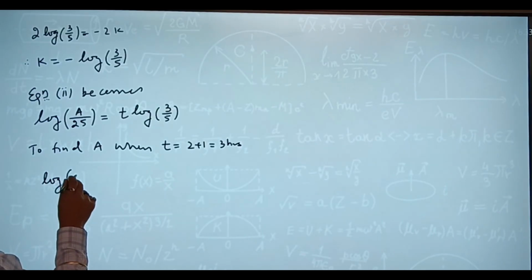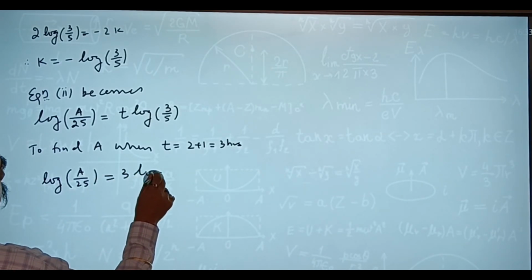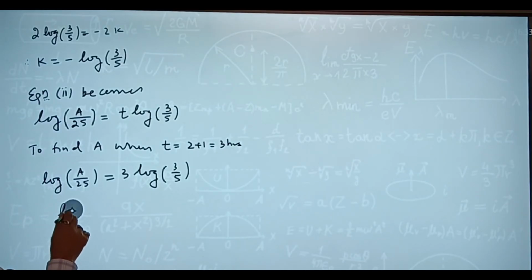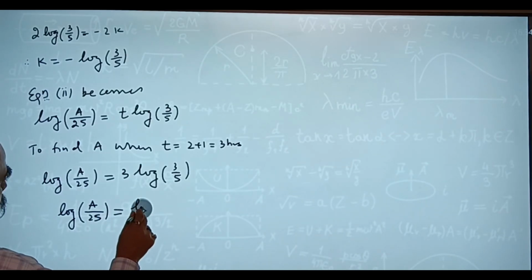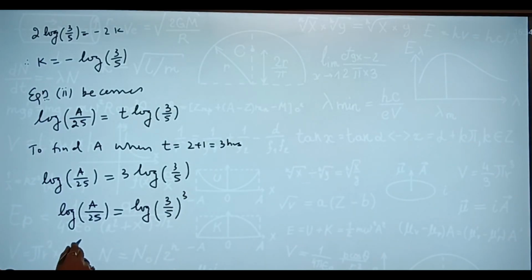So log A by 25 is equal to 3 log 3 by 5. A by 25 is what?